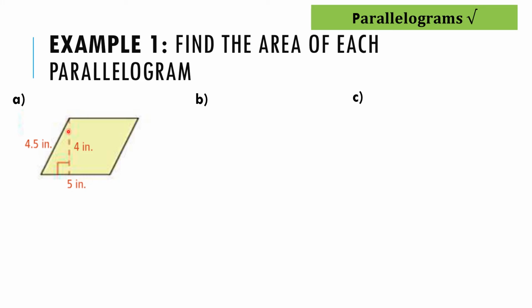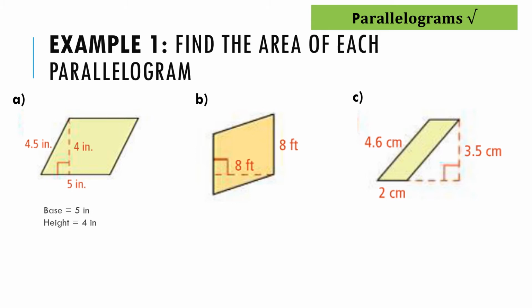The height has to be that line that goes down the middle there with a 90-degree angle. The height is not 4.5, right? Imagine if we were doing a triangle, 4 would be the height of the triangle. So get those other pictures in there. So my base is going to be 5. My height's going to be 4. Area equals base times height, multiply them together, you get 20 inches squared.